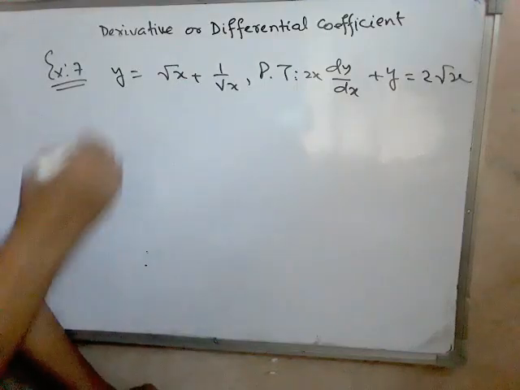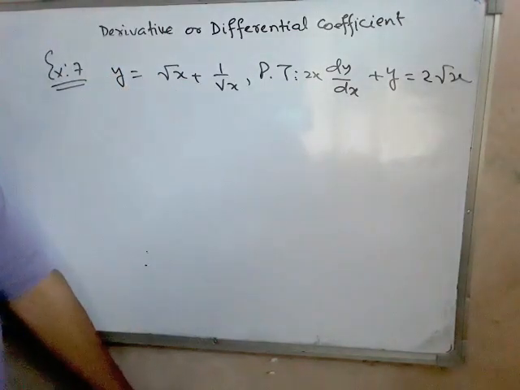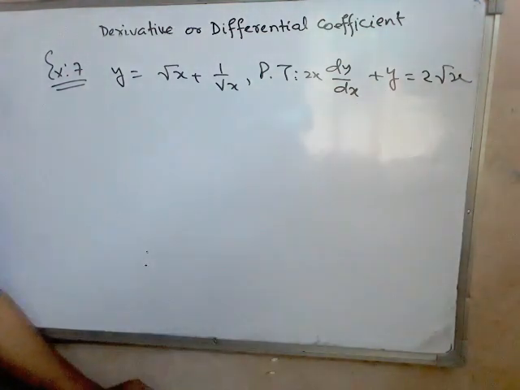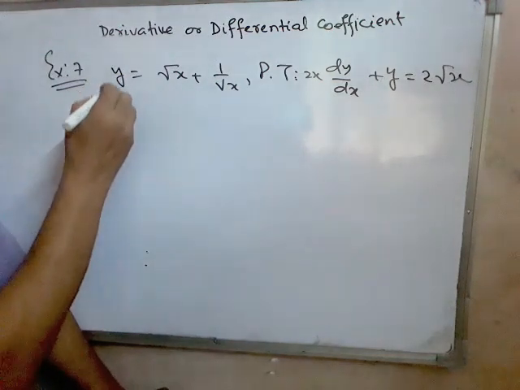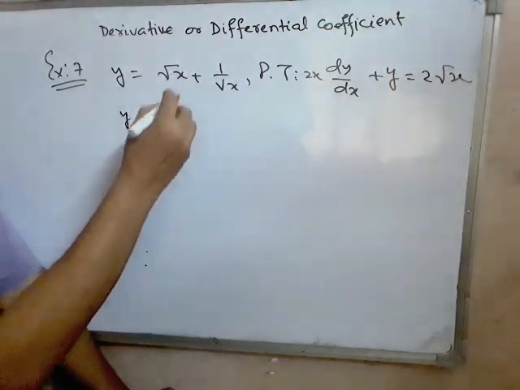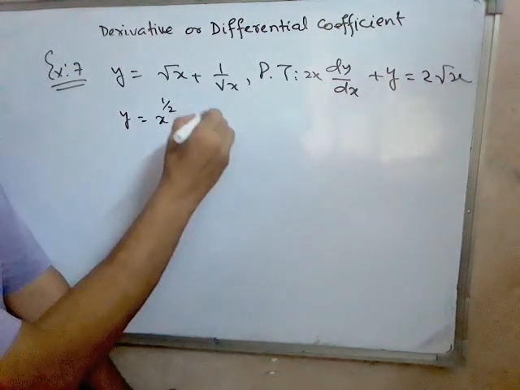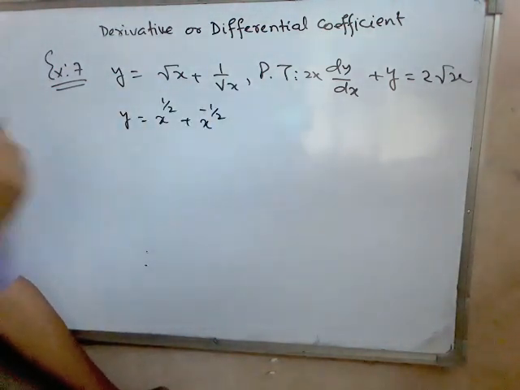So how to do it? y equal to root x plus 1 by root x. We have to prove 2x dy by dx plus y equal to 2 root x. So root x means x to the power half, and 1 by root x means x to the power minus 1 by 2.